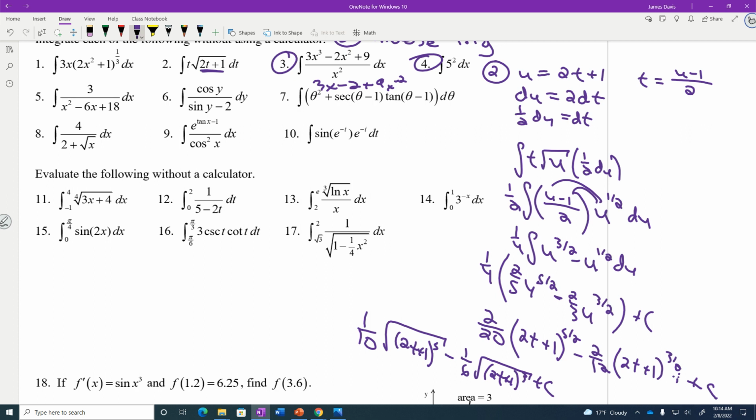Alright. Number 5, take a look at that one. This one's not really fair. If this one's on the test, then I would tell you what to do. This one, like I said, is not really a fair question. Have any idea what you do with this one? Not at all. So go through the list. No way that you can rewrite it.